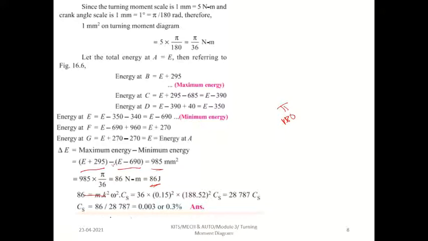We will get the final answer, Cs equals 0.3%. This is how we have to solve this problem, the coefficient of fluctuation of speed of the flywheel. If possible, we will solve one more problem in the next class.